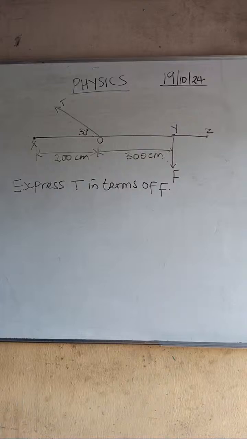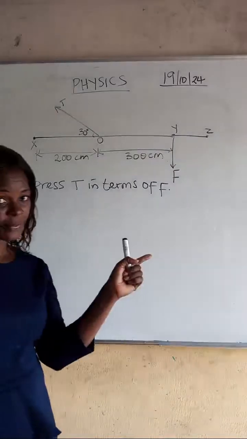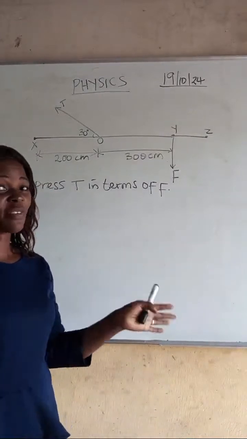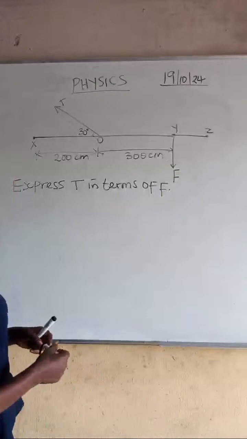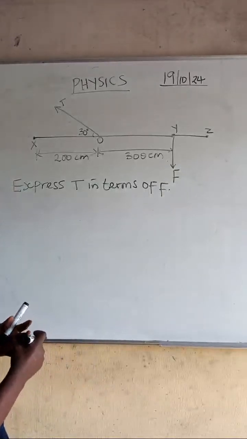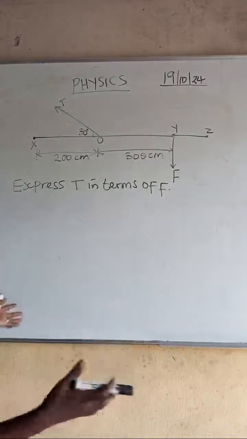F. So we are actually looking for T, okay? But we're going to leave it in terms of F because they didn't give us the value of F. All right, so what do? Clockwise moment equals what? Anti-clockwise moment.